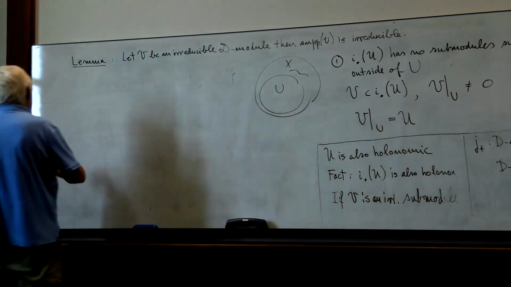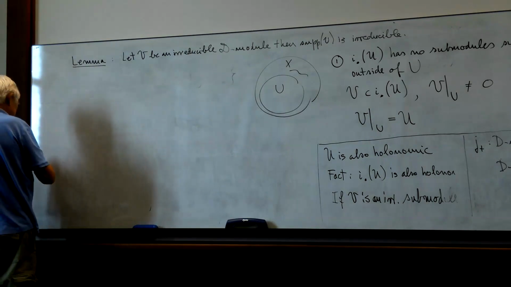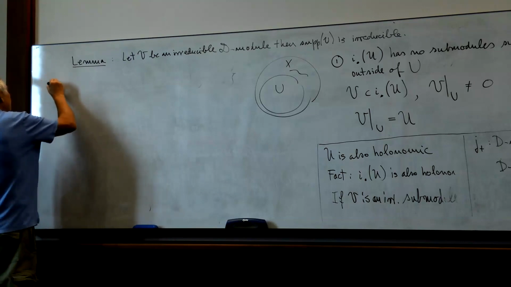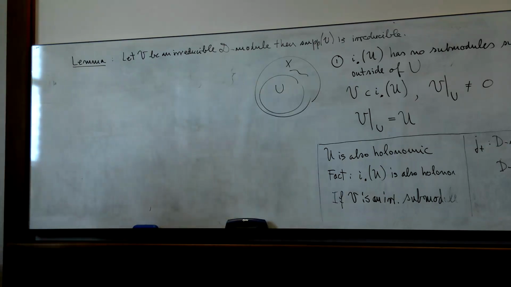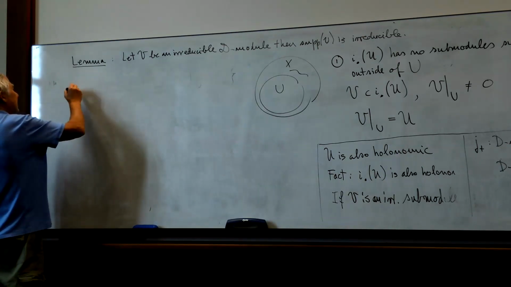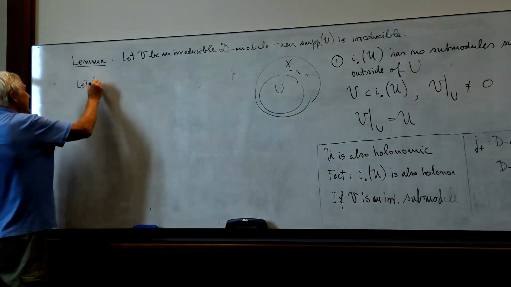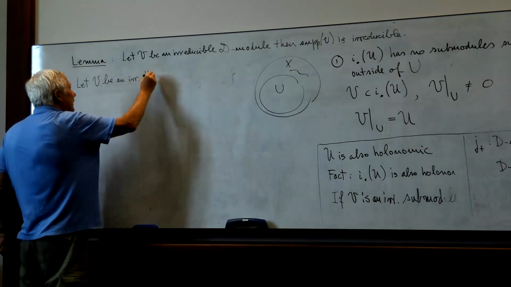So let's discuss our irreducible Harish-Chandra sheaves. Now something didn't color, so let me change the color. So let V be an irreducible Harish-Chandra sheaf.